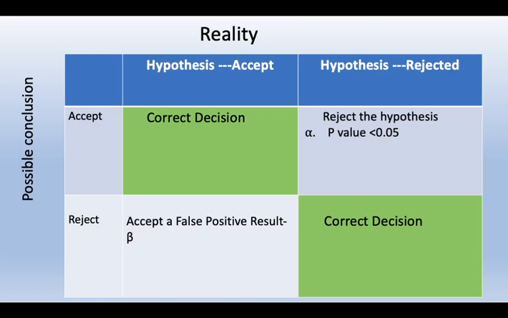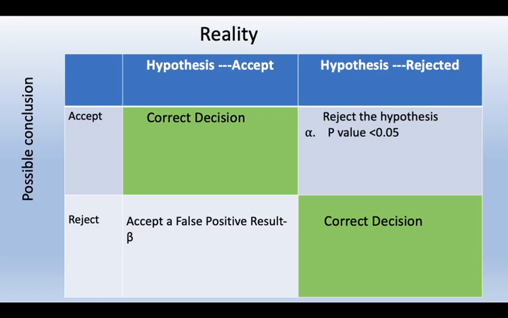That sort of error is called type 1 error. We reject the hypothesis, and it is labeled as alpha, and we state it as the p-value. So the element of chance that we are being wrong is placed in this top right box.